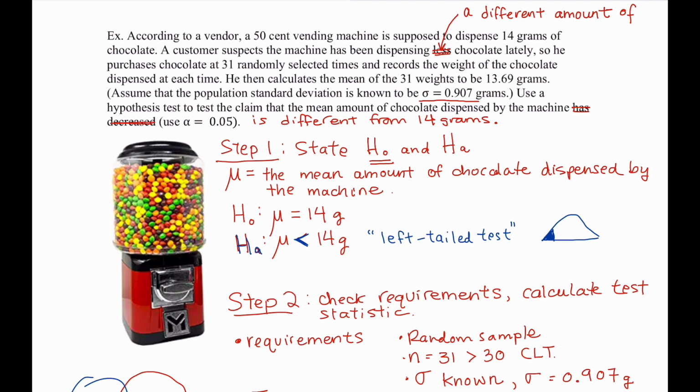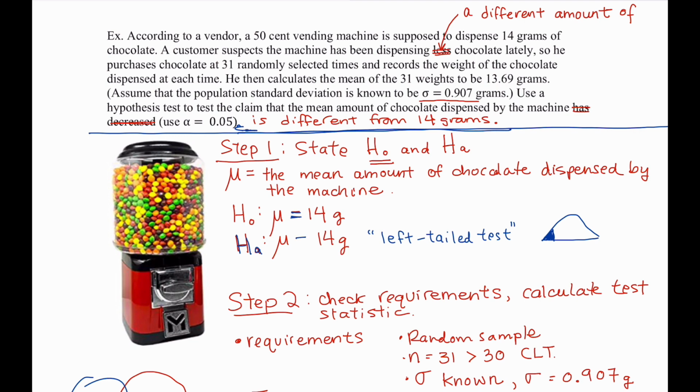So let's think about how this would change the different steps of our hypothesis test. In the first step, we state the null and the alternative hypotheses. The null hypothesis will stay the same, but the alternative hypothesis is going to correspond to our new claim, that the amount of chocolate dispensed is just different from 14 grams.